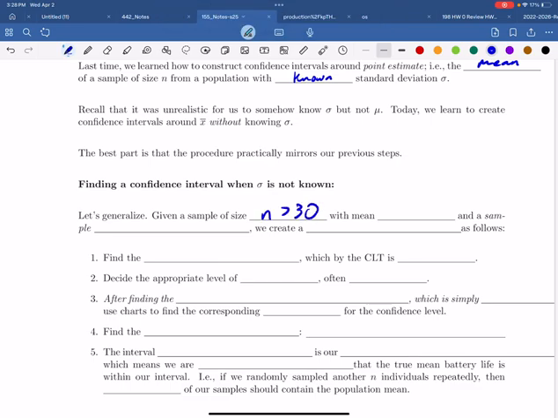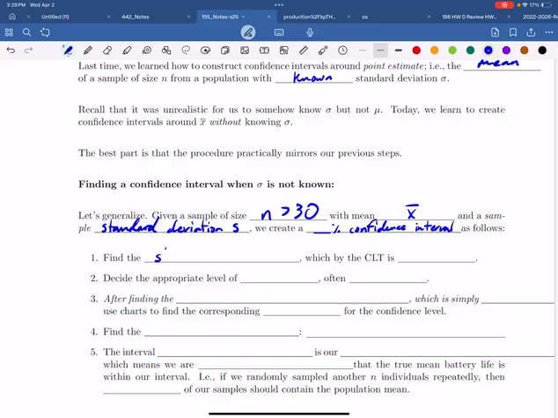So once again, given a large sample size with mean x bar and sample standard deviation, which we're going to call S, that's just to be clear, that's an S, we create a whatever percent confidence interval as follows.